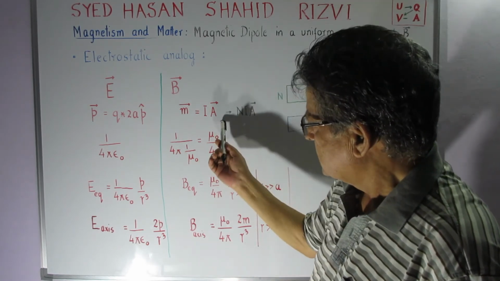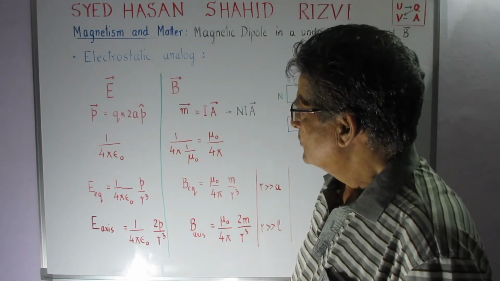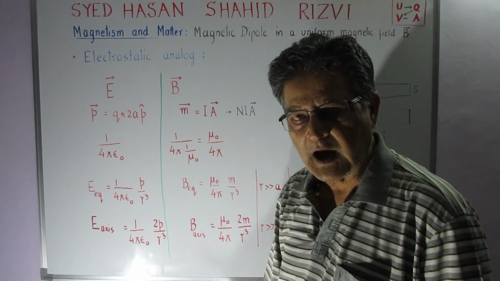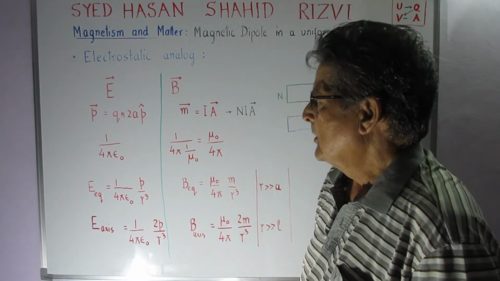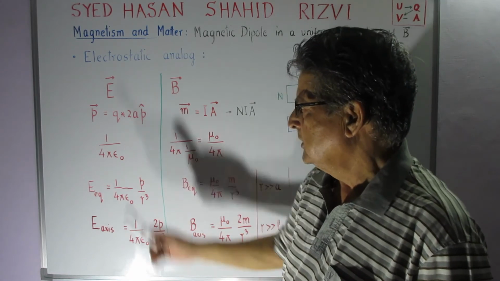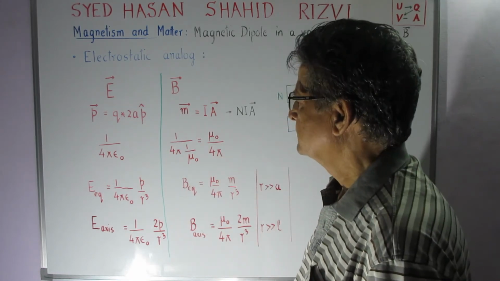The counterpart or the analog is p equal to q into 2a into p cap, from the negative charge to the positive charge in the system.